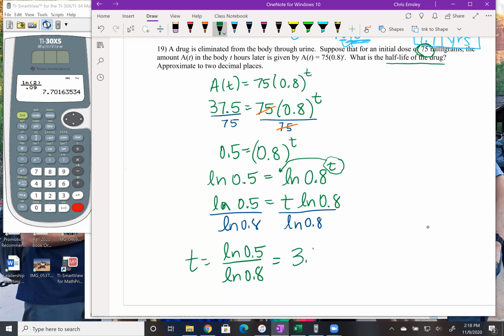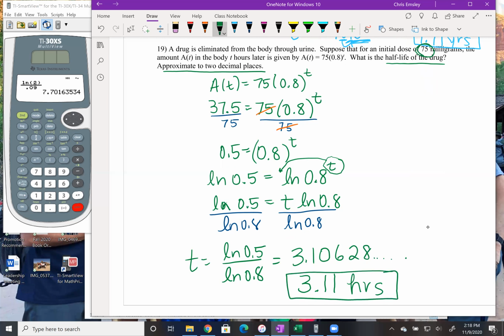You'll get 3.10628 and some more digits. But again, let's look at our directions. Approximate to 2 decimal places. So we would want to report 3.11, and it was t in hours. So it takes 3.11 hours is the half-life of this medication that we're studying. And that's it for this one. Good luck on your exam.